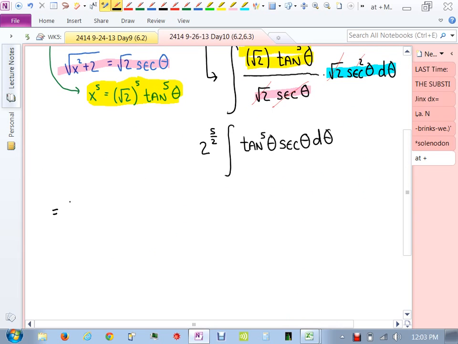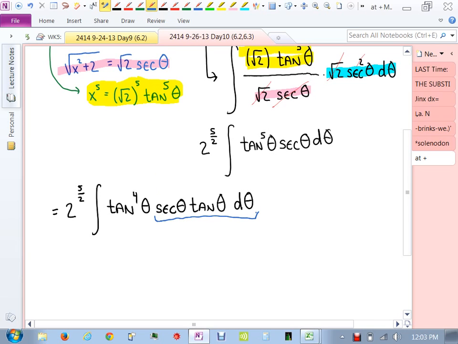So this equals 2 to the 5 halves integral tangent to the 4th theta secant theta tangent theta d theta. So all I did was peel off one of the tangents, right? The reason I did that is because secant theta tangent theta d theta is the derivative of what? Secant.